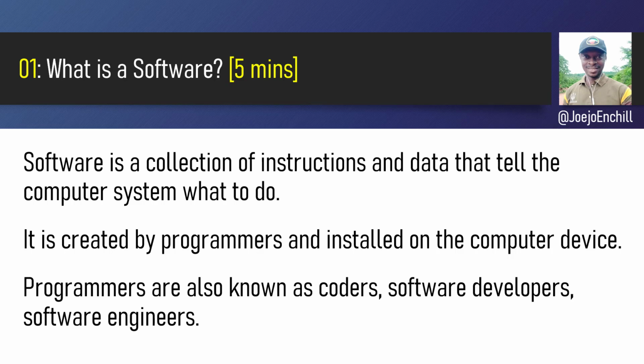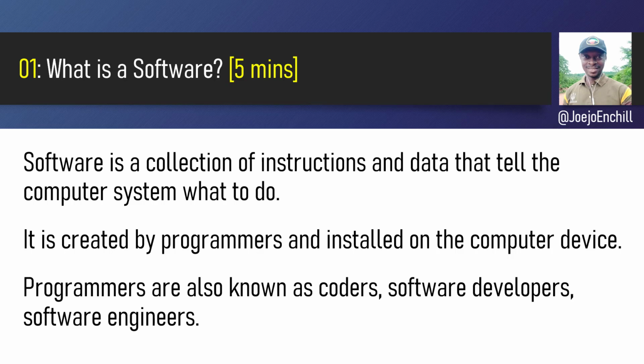You know, when you go for an event, the list of items to follow is what we call a program. So, giving the computer a set of instructions to follow, we can say we are giving the computer a program, or we are programming the computer to follow certain rules and procedures.